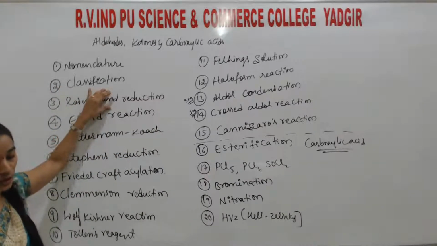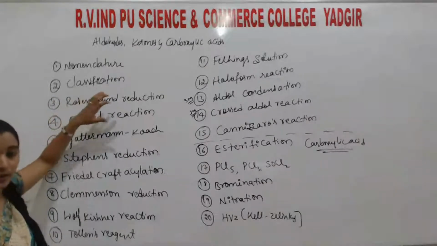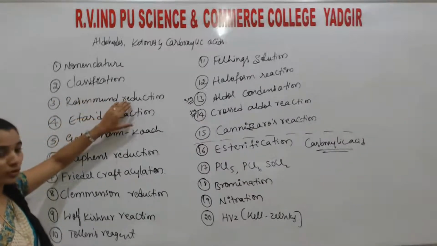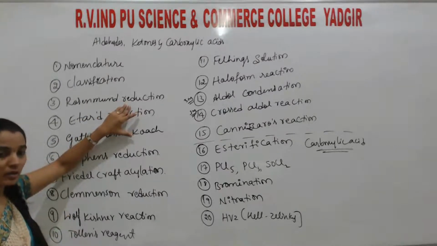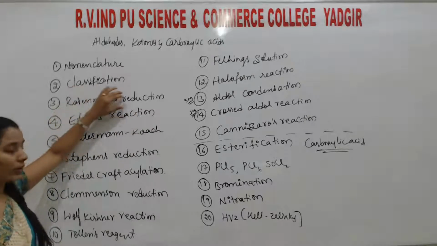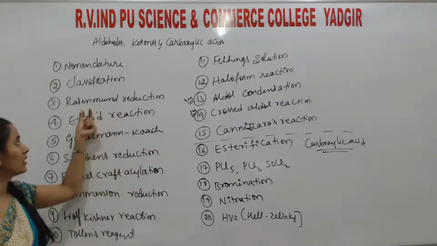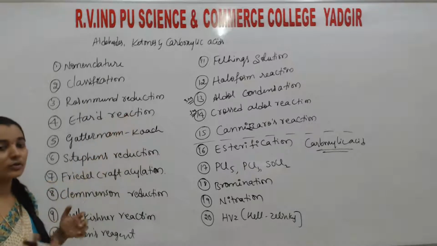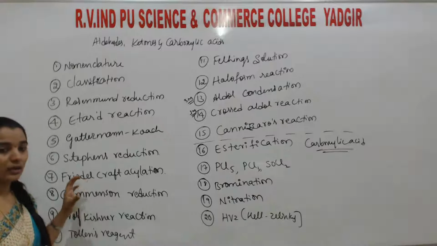Okay, so which reagent? For example, an acyl chloride is there. What happens when acyl chloride undergoes reduction? In that you have to write the reaction and name the reaction, that is Rosenmund reaction or Rosenmund reduction. So the question will be like that.